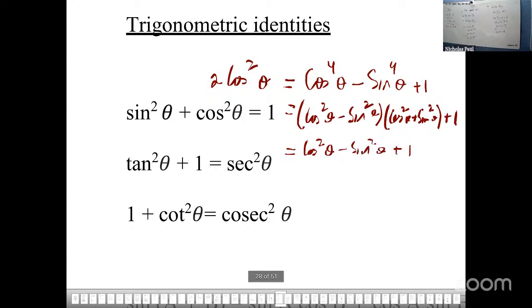Right, what to do now? The left hand side has cos, but the right hand side has sine. What to do?